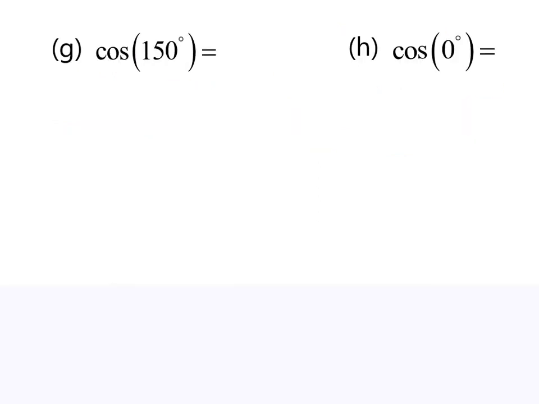Now we're looking at the cosine of 150 degrees. That is also in the second quadrant. 150 degrees is a 30-degree angle. So the coordinates of that are the square root of 3 over 2, 1/2.